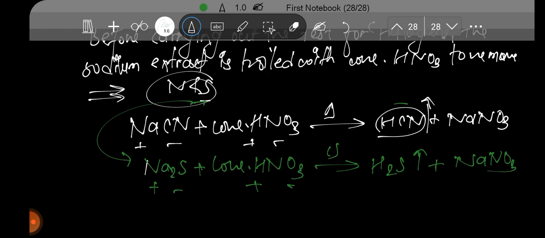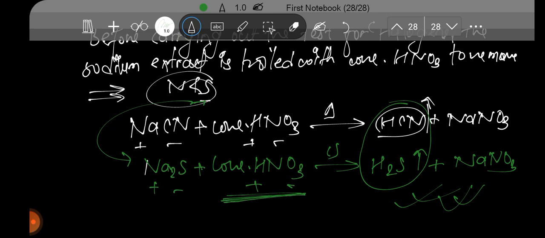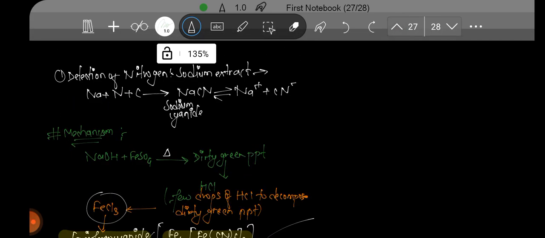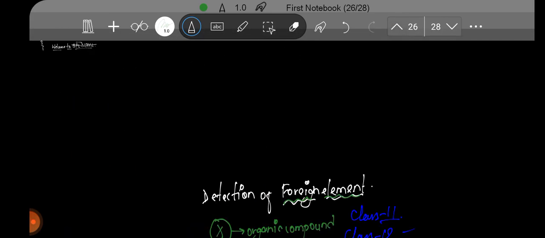Both compounds can be removed, so we should add conc HNO3, and there is no formation of white precipitate as well as black precipitate. Hence we should add conc HNO3. This much for today. Thank you.